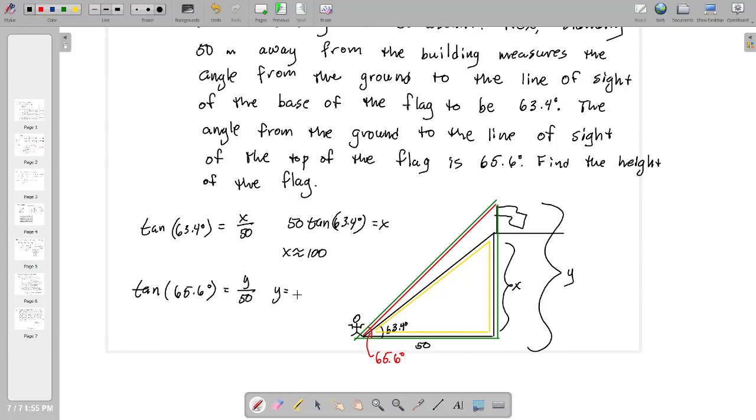So y will equal 50 times tangent 65.6 degrees. That's going to be approximately 2.2. We have 50 times 2.2, which will be about 110. So y is about 110. X is about 100. So the height of the flag is going to be roughly 10 meters tall.